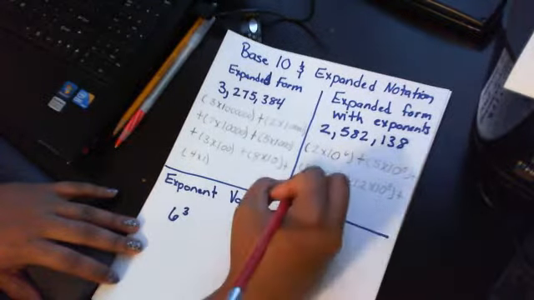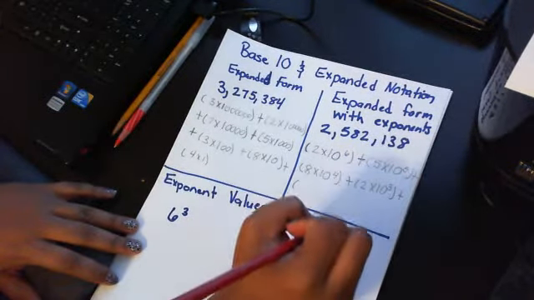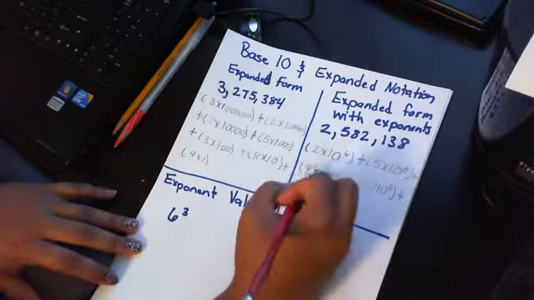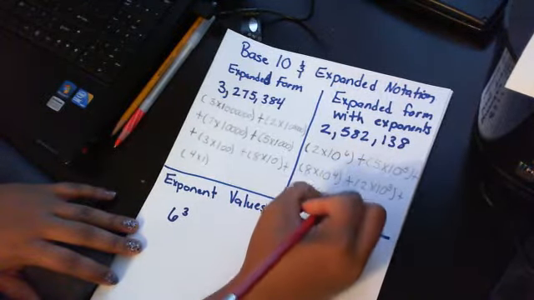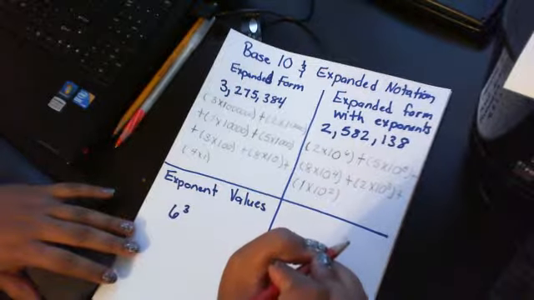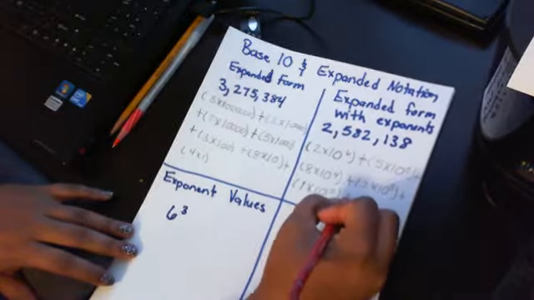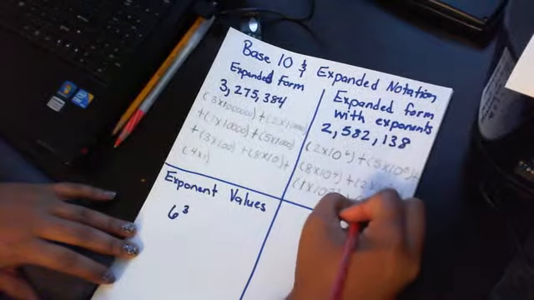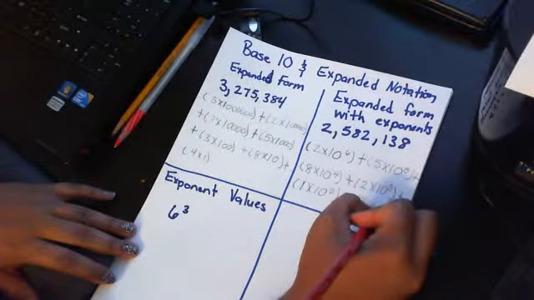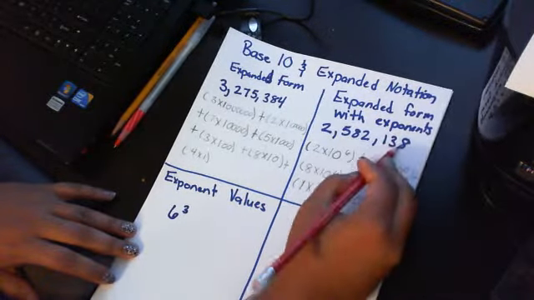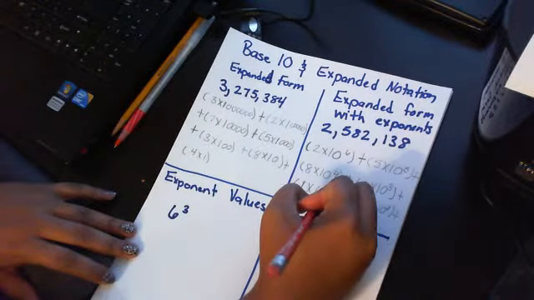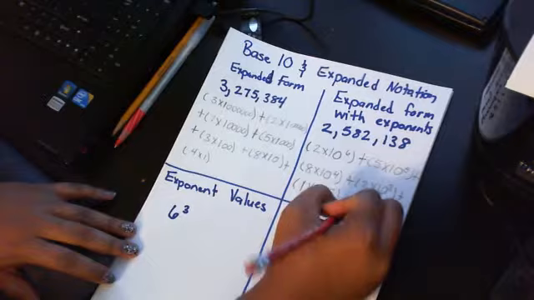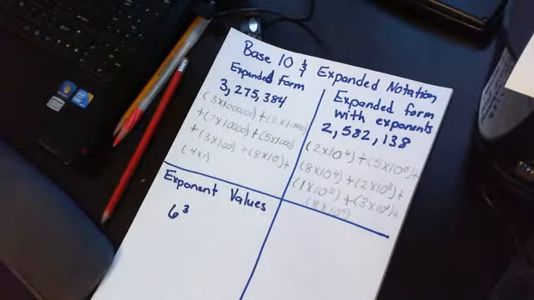Then we keep going, and we get 1 times 10 to the second power, close parentheses, plus, parentheses, 3 times 10 to the 1, because there's one number behind it, and then we get plus 8 times 10 to the 0, because there's no number behind it.